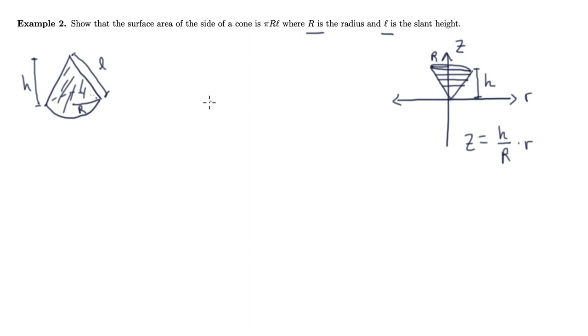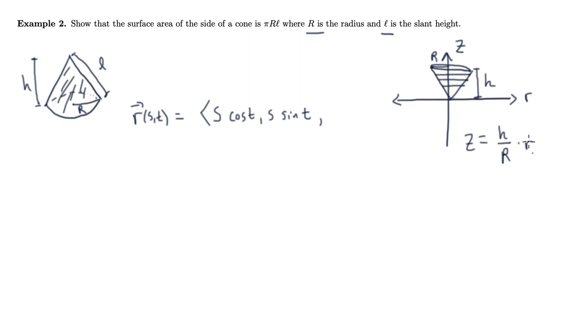So now I can give a parameterization of this cone right here. We actually just found it in the first example, but I do need to account for the fact that z is varying a little bit differently with the radius. So I know that I'm going to have s cosine t, s sine t, but the z-coordinate is varying with the radius in this way.